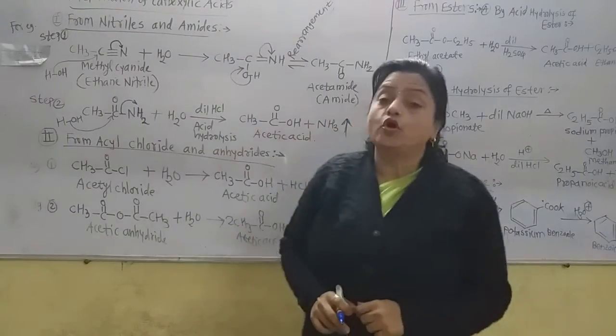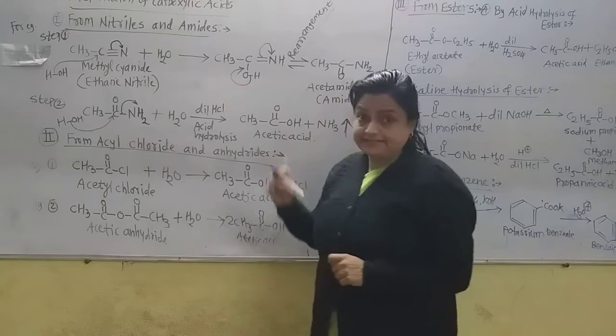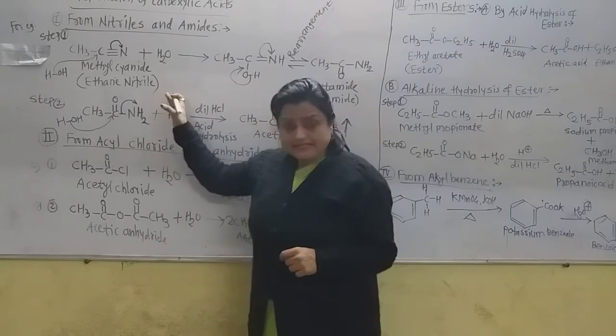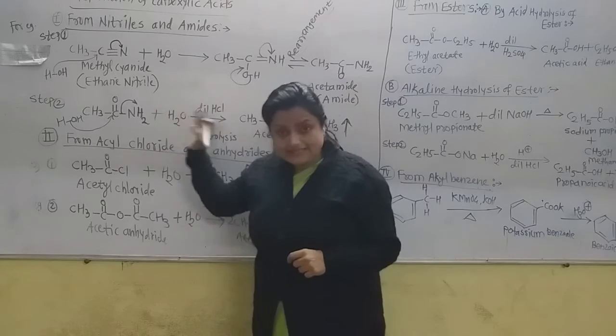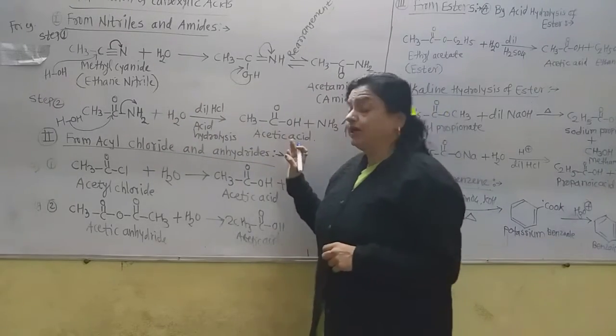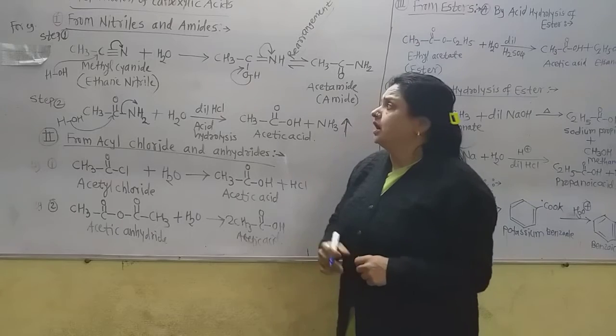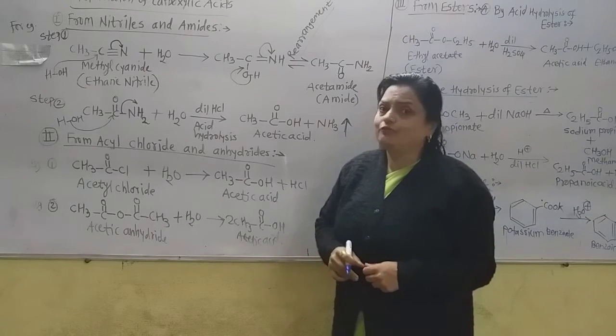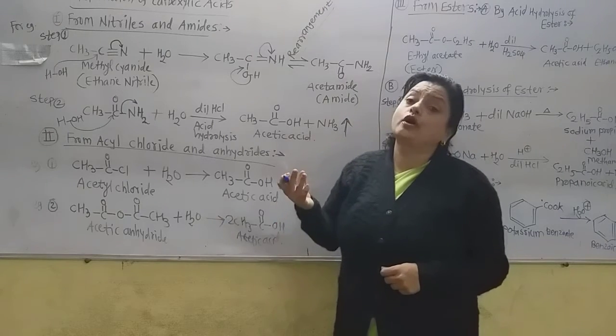This is the first method for the preparation of the carboxylic acid. If you take the higher alkyl cyanides or nitriles, then you can prepare the higher acids also. What will hydrogen cyanide give? Hydrogen cyanide will give formic acid.